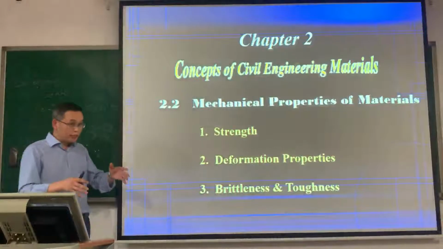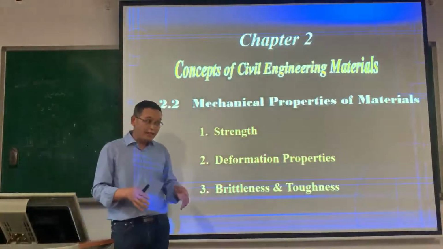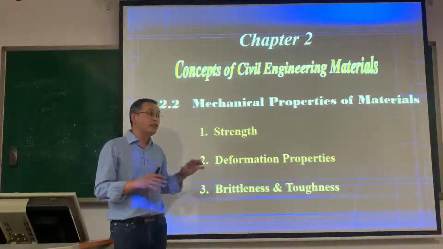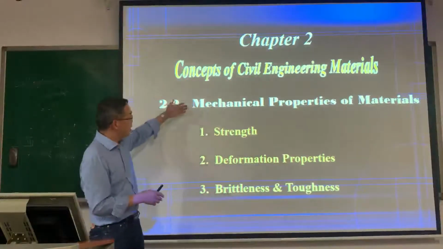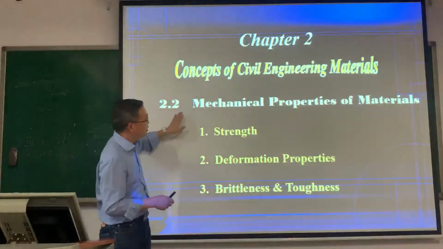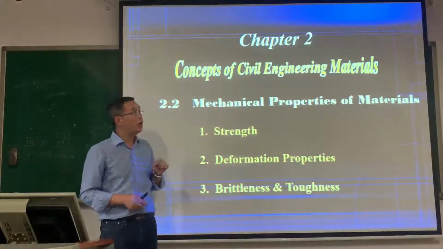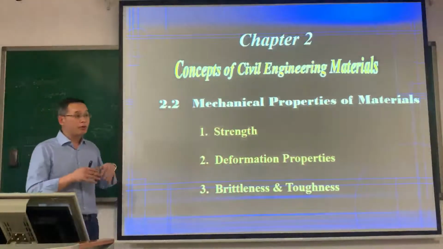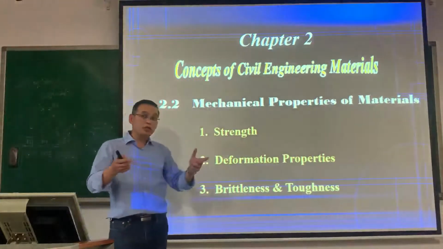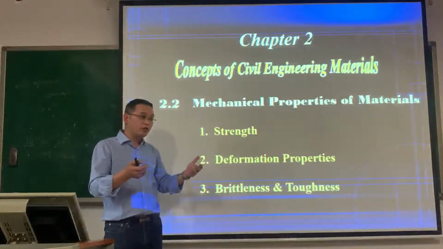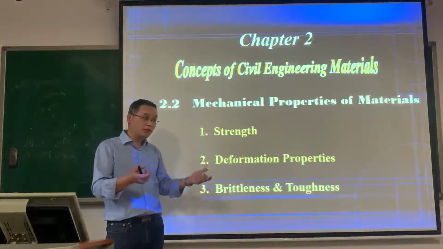And then we have just studied the physical property. In this section, we need to know something about the mechanical properties of materials. When I mention the mechanical property, what can you think about?